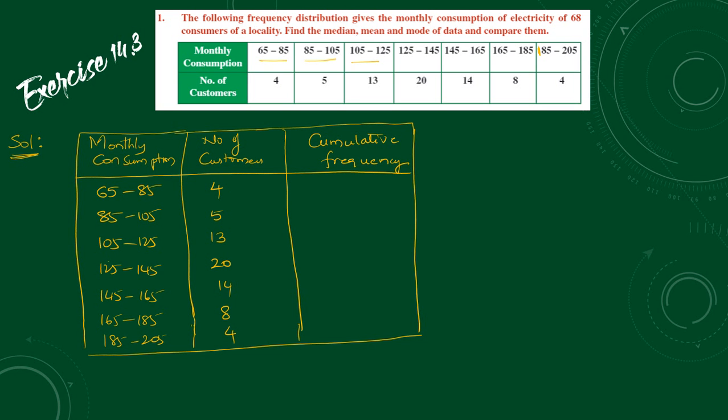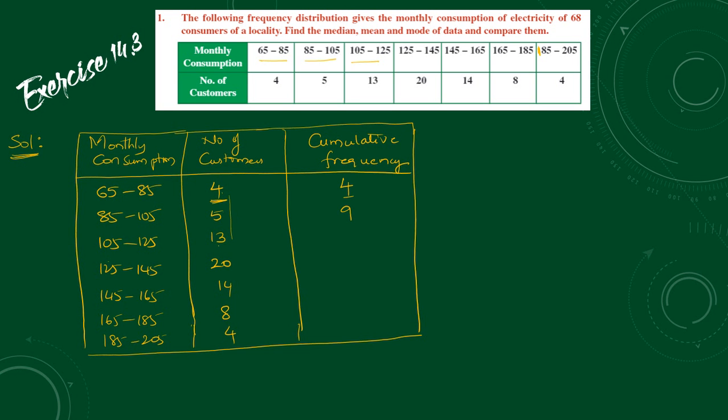Now I am going to write the cumulative frequencies from these frequencies. For 4 there is no previous frequency value, so 4 is as it is. Next, 4 plus 5 is 9. Next, 4 plus 5 plus 13.